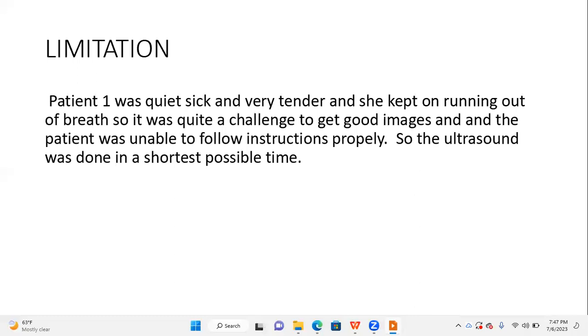She kept on running out of breath. So it was quite a challenge to get good images, and the patient was unable to follow instructions properly. The ultrasound was done in the shortest possible time for this patient.